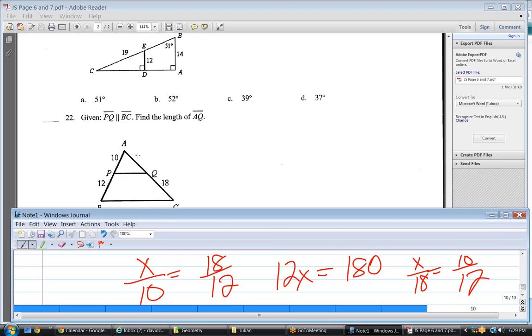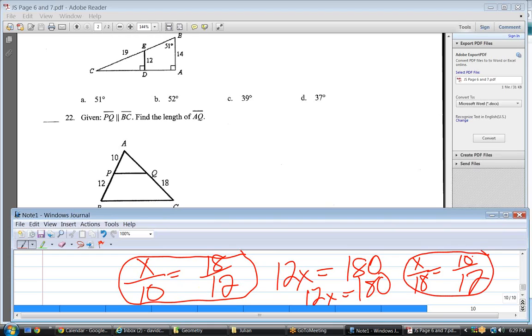I really can say x is to 18 as 10 is to 12. Notice that if I cross-multiply that, I get 12x equals 180, the same thing I got when I cross-multiplied this. If my cross-multiplication is the same, then this is a valid ratio also.